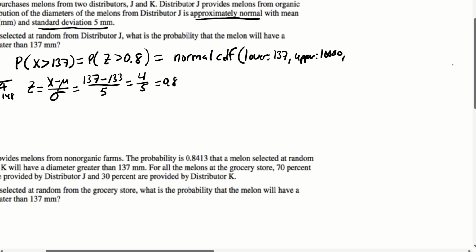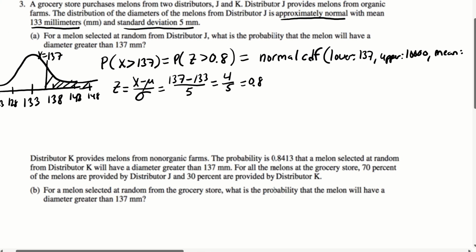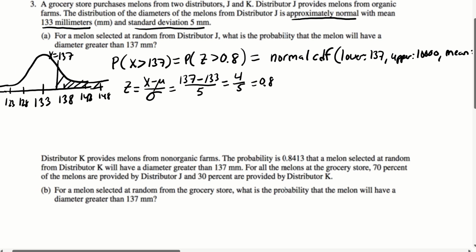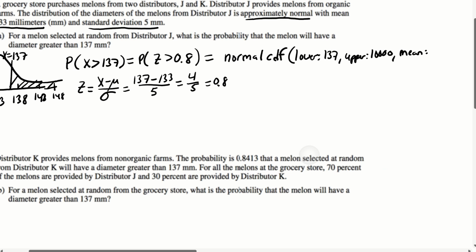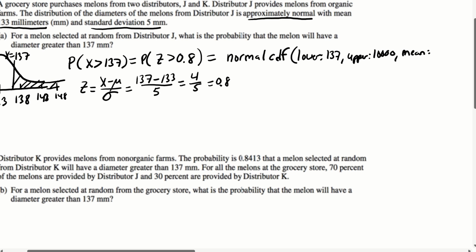And then we got our mean. Now, for this, you can use a couple of things. You can use a mean of 0 and a standard deviation of 1, in which case you would have to use a z of 0.8.